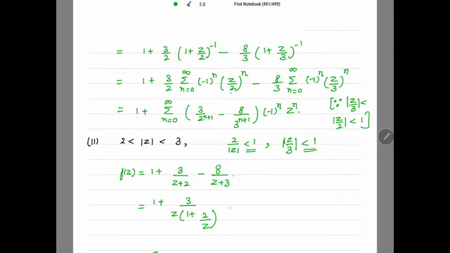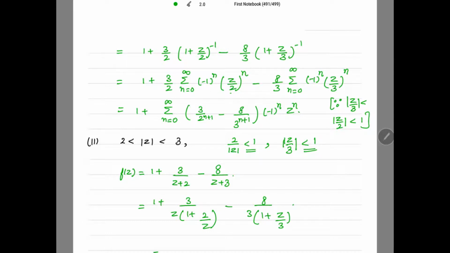Now for the third term, I need z over 3, so I take 3 common, 1 plus z by 3. Just interchanging the terms, right?